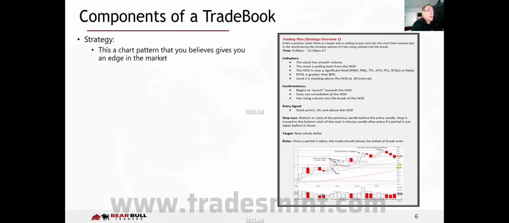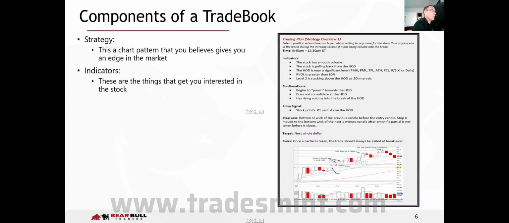This is what a strategy overview looks like. I chose the break of high of day, one, because I trade it, but two, it's very easy to understand, and it keeps things very simple for people as we go through. So I'm just going to cover each area within this strategy plan so you know what you're looking for as you develop your trade book.